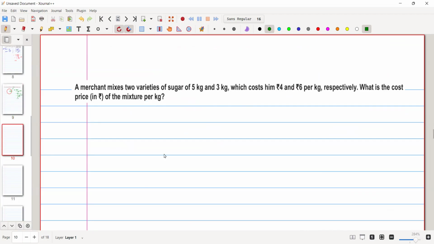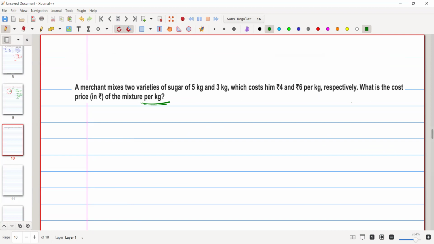A merchant mixes two varieties of sugar of 5 kg and 3 kg, which cost him 4 rupees, obviously per kg, and 6 rupees per kg respectively. What is the cost price of the mixture per kg at the rate this one?